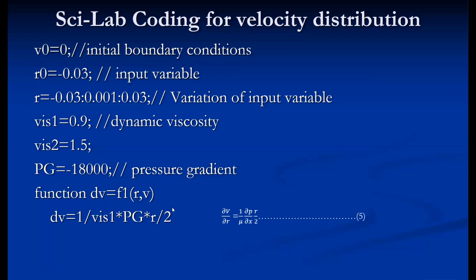So function dv and its expression is nothing but the right hand side of the differential equation. The 1 and 2 indicate that we are using different viscosities. That is one thing.